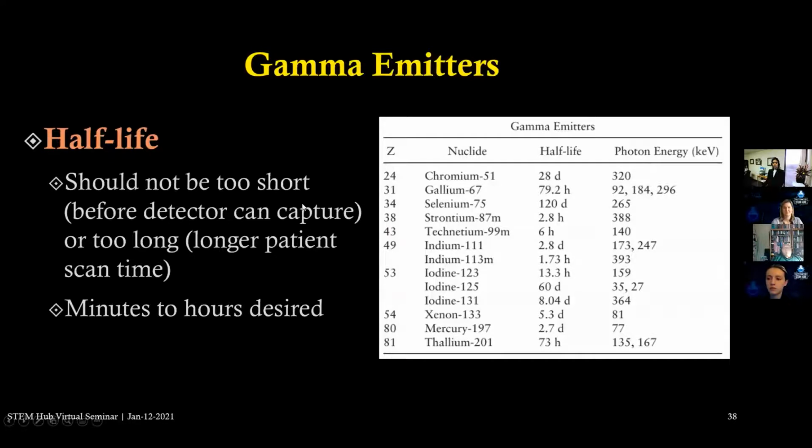If it is too short, it emits before the detector captures. If it is too long, you have to scan them over a longer period of time. Technetium-99 is the most widely used radionuclide, and it has a half-life of about 6 hours, which is optimal for functional imaging.